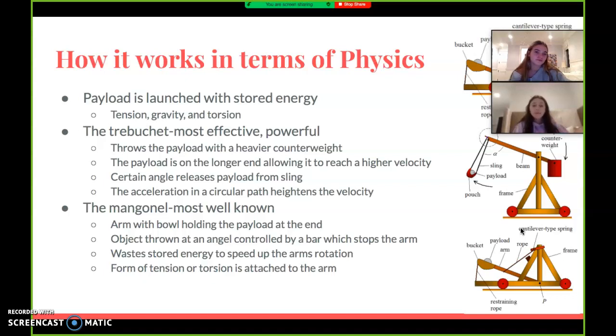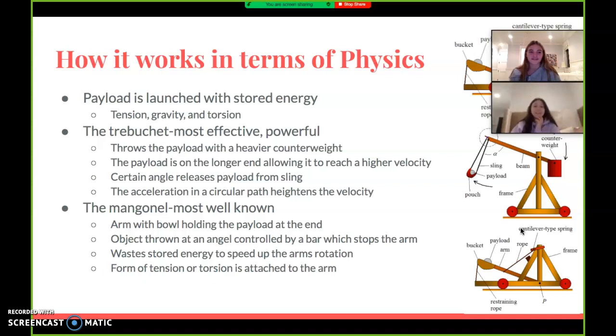That way the object gets thrown in the right spot, and it also has good momentum. This is not as efficient as the first one I described because it wastes some of the stored energy when it's accelerating to get the arm to initially rotate. And there's always a form of tension or torsion attached to the arm, which allows this to occur, like the restraining rope.